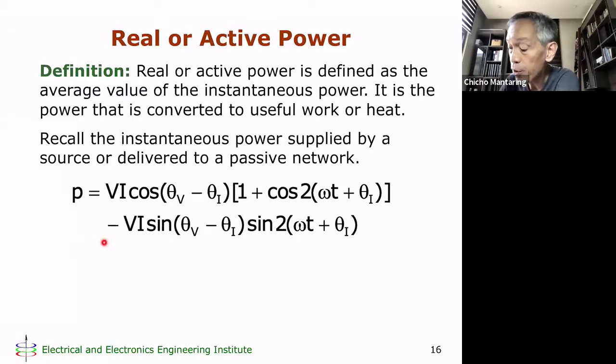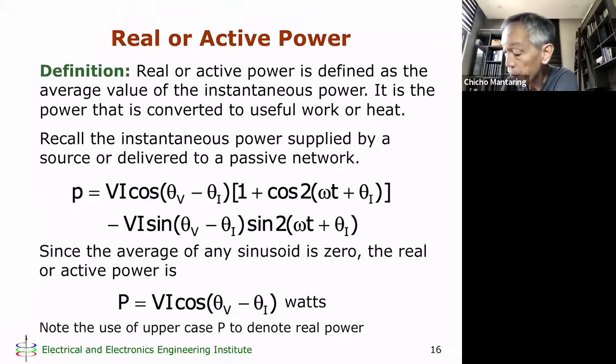So this is the instantaneous power. This now, remember, is the one that is delivered to the resistance, because there is no average power delivered to an inductance or a capacitance. And if you take a look at the average value of this term, it will only be equal to VI cosine of theta V minus theta I, because the average value of this term is equal to 0.